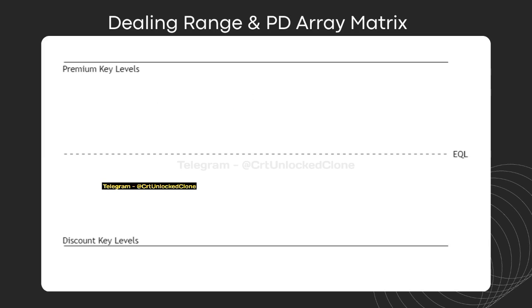The thing is that you will also sometimes see moves in the markets where price will not respect a dealing range and just breaks out of it without doing the right thing it is supposed to do, right? It's going to do those things sometimes.